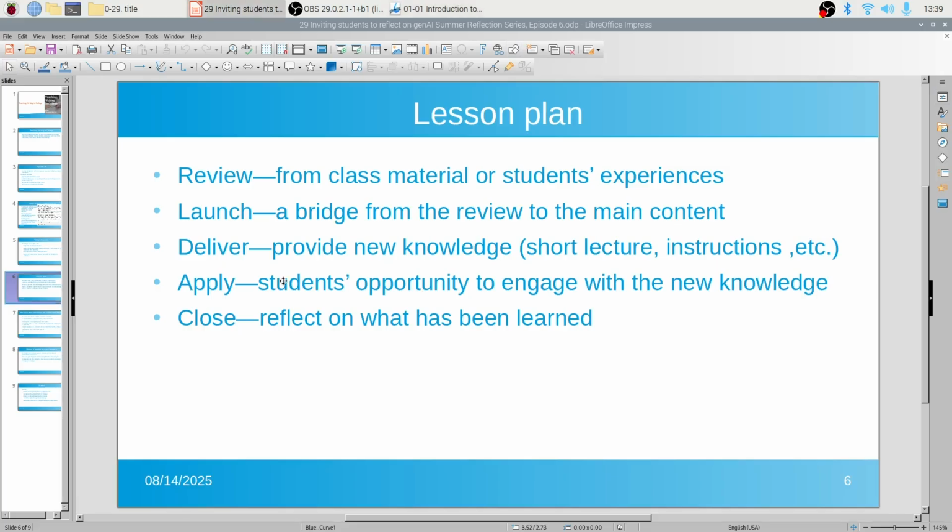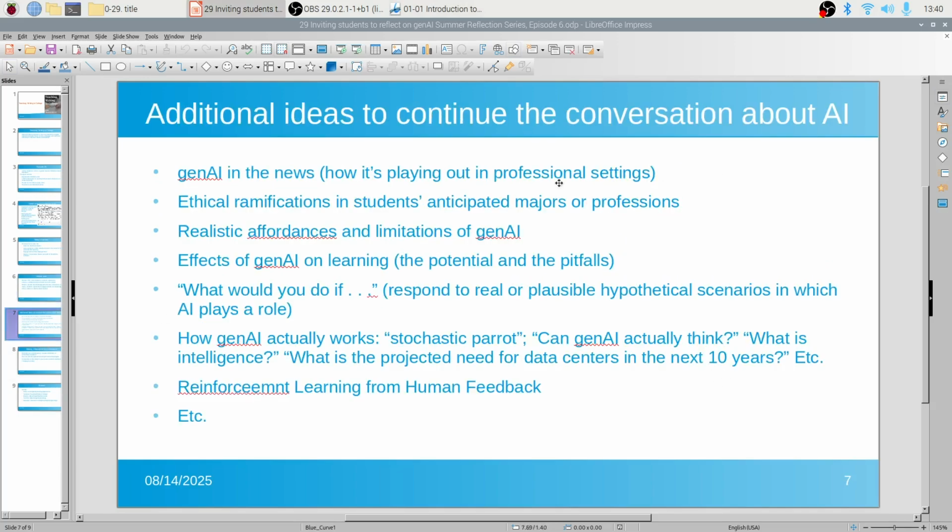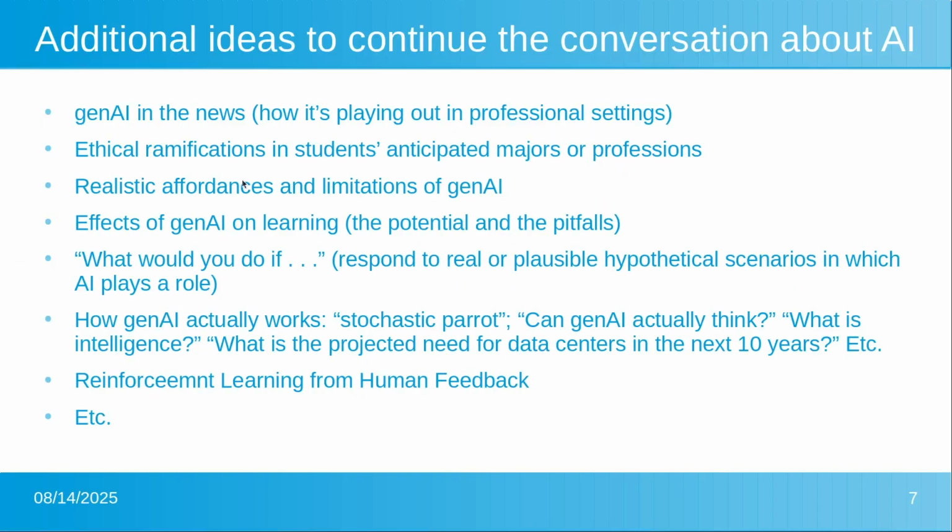And once again, I'll be able to follow up all semester with that list that I shared with you before I gave the lesson plan, which I didn't mean to do. The list is, I can bring in stuff from genAI in the news. We could talk about ethical ramifications in their anticipated majors or professions, to get them thinking about the future.